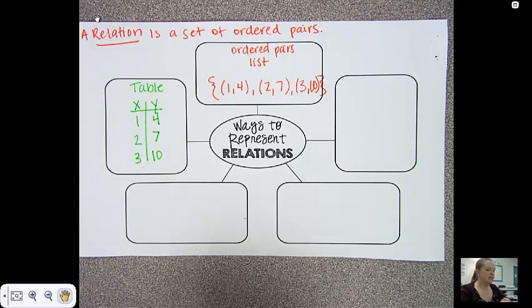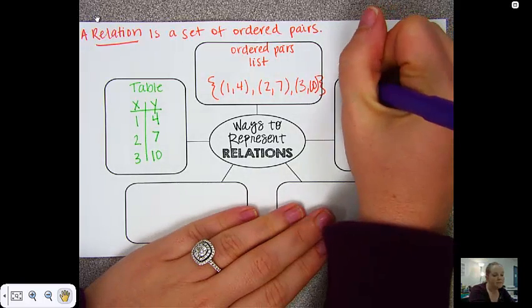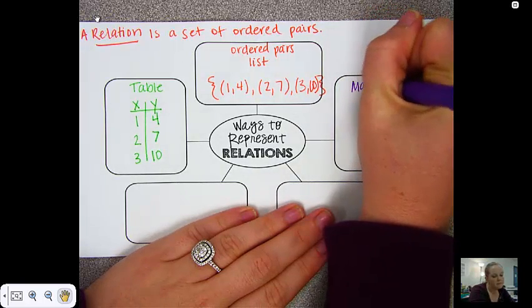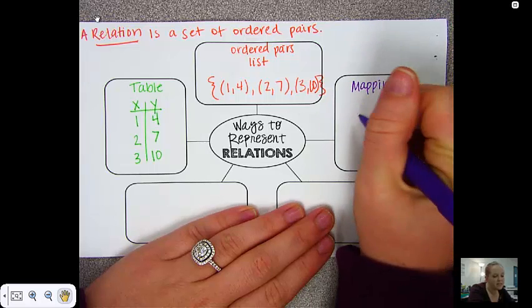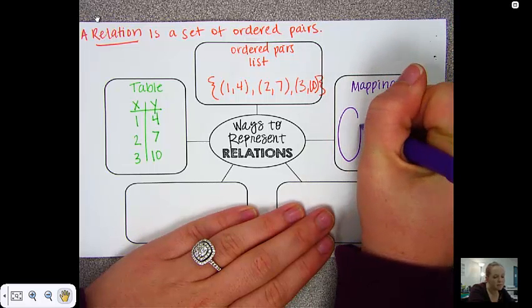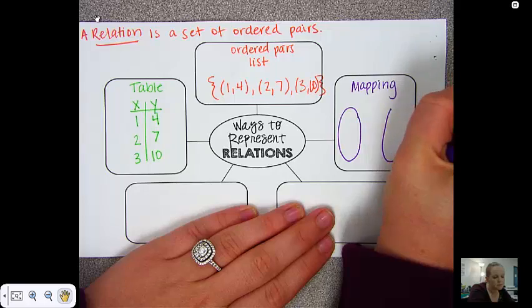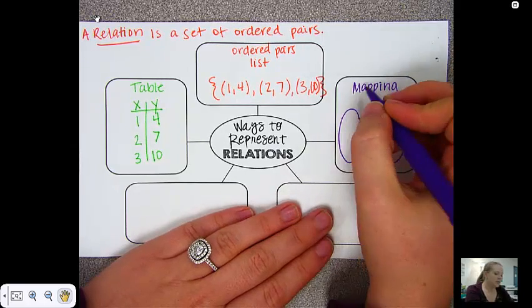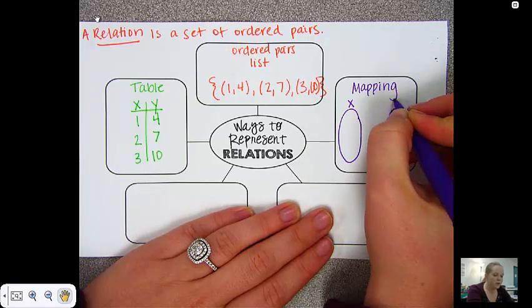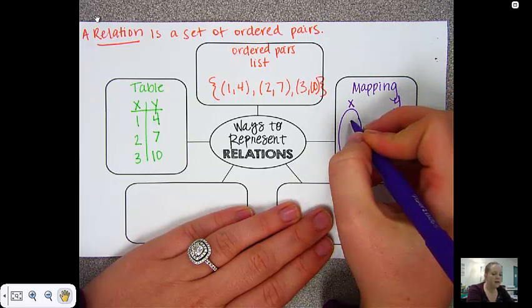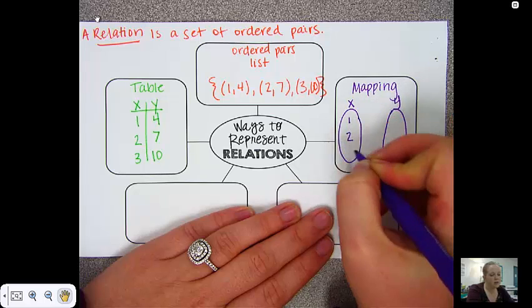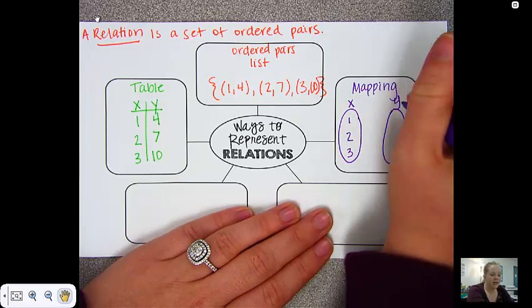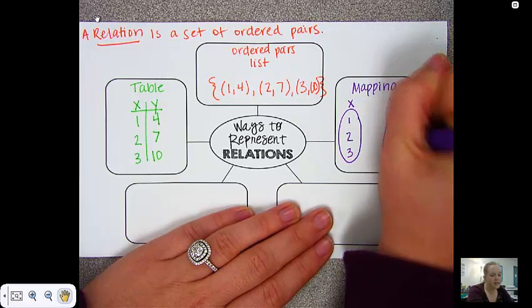Next representation is going to be a mapping. Now, a mapping is very similar to a table. Normally there are 2 ovals. The x's are all listed in one oval, the y's are listed in another. So I'll have 1, 2, and 3, and then I'll have 4, 7, and 10.